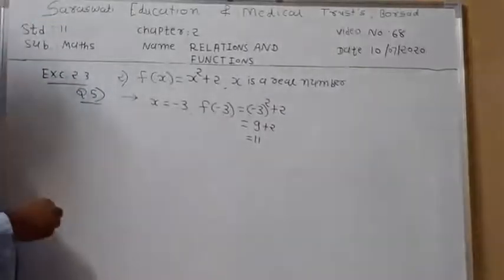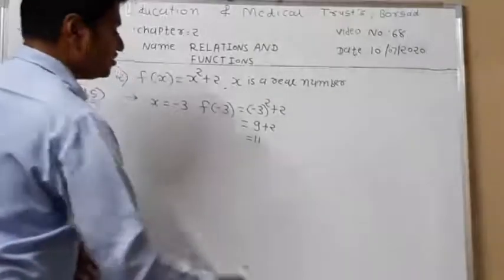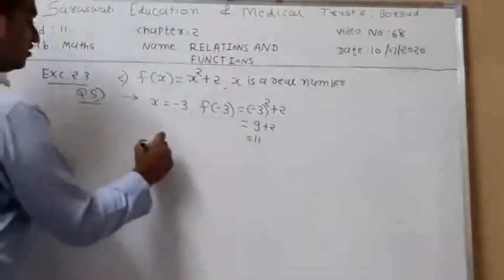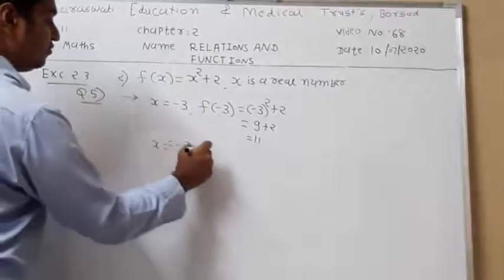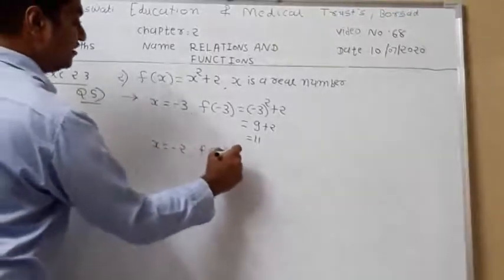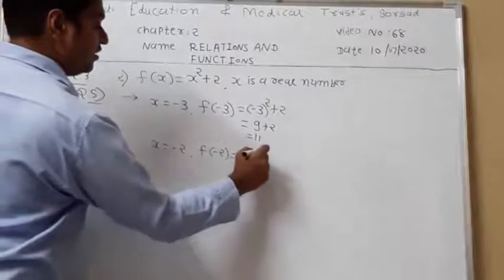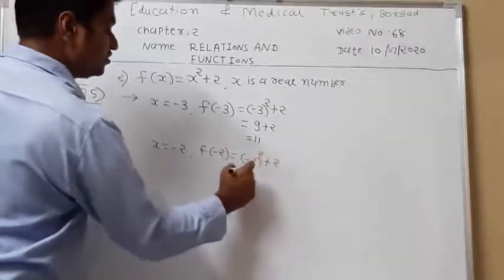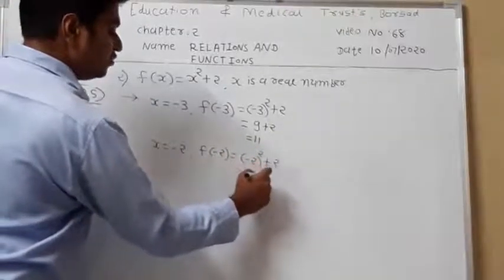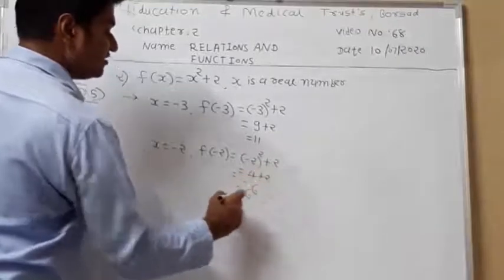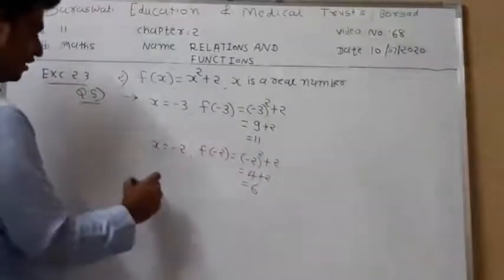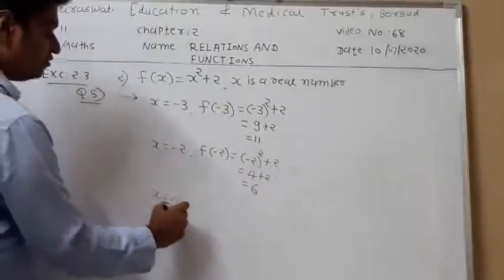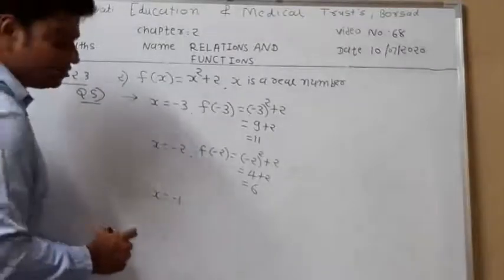Now consider x is equal to minus 2. f of minus 2 is equal to minus 2 whole square plus 2, that means 4, 4 plus 2 means 6. Consider x is equal to minus 1.